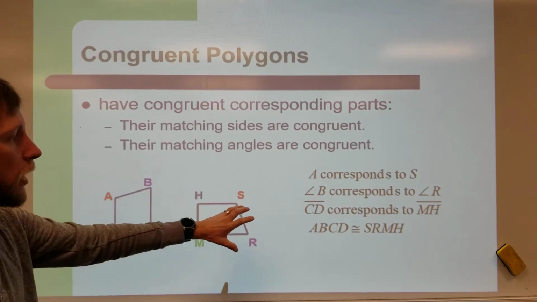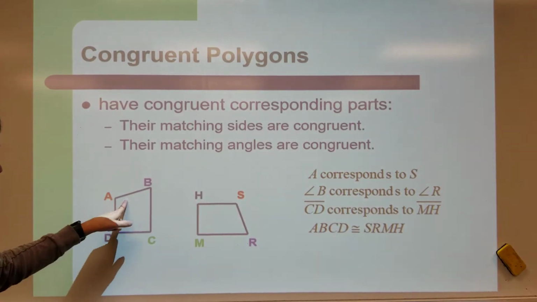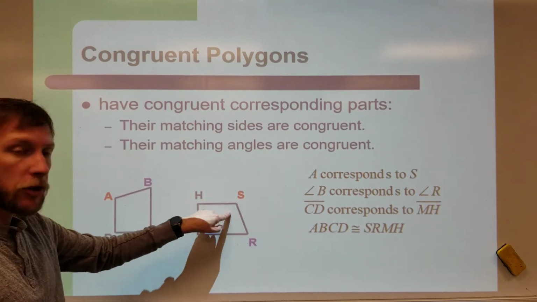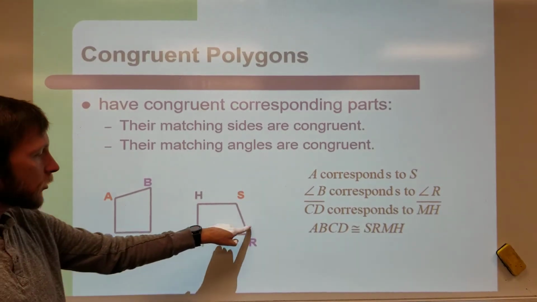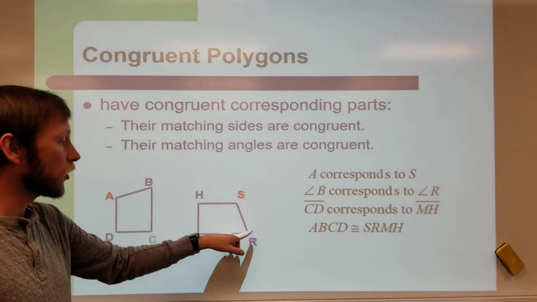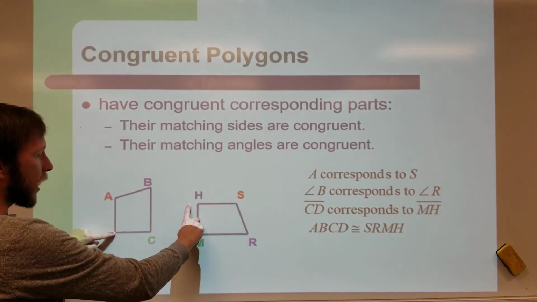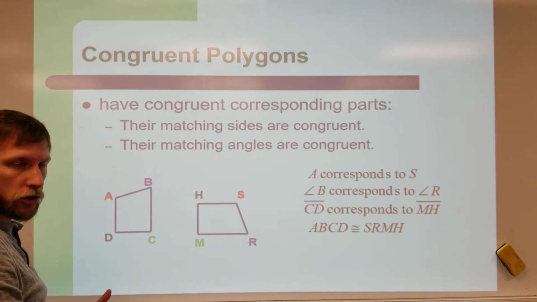So not only do these pieces correspond to one another, but they are also congruent to one another. The obtuse angle here at A is going to be congruent to the obtuse angle here at S. The acute angle here at B is going to correspond and is therefore congruent to the acute angle at point R. This segment that connects point A to point D is going to be congruent to this segment that connects point S to point H.